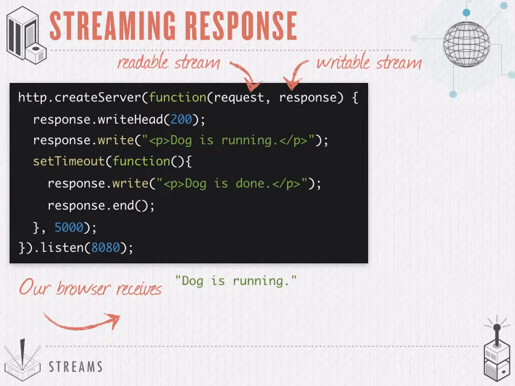The browser automatically receives that response. Then, we fire a set timeout for 5 seconds, but the stream is still kept open. The channel between the server and the client is still good to receive data. So 5 seconds later, we write again to the stream. This time, "dog is done." And finally, we close it.